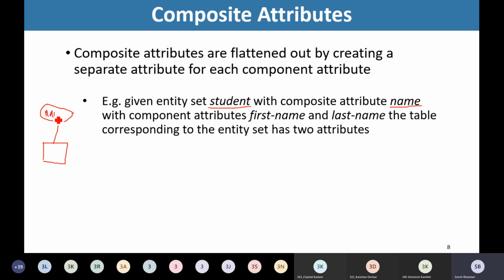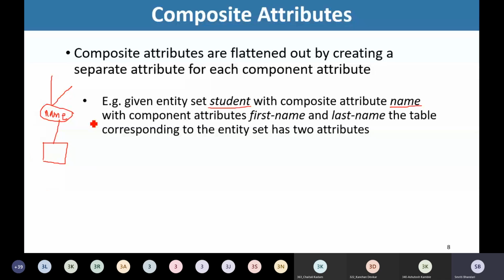So obviously, what I mean by composite attribute? Composite attribute is having the subparts. So name is having some subparts. And what are those subparts, these components? I may have first name, middle name, last name. Okay, so these are the components of this composite attribute name.